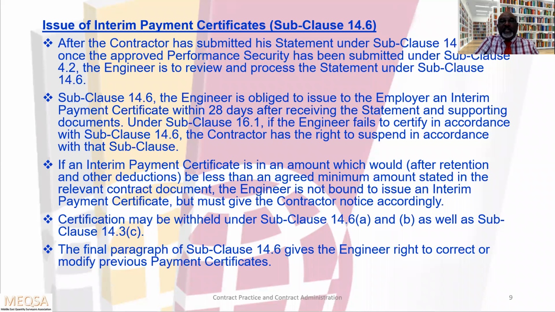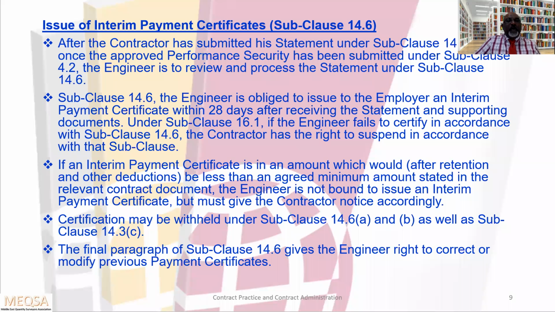Otherwise, the engineer will not certify. Under subclause 4.2, the engineer is to review and process a statement under subclause 14.6. So he must submit the performance security as per subclause 4.2.